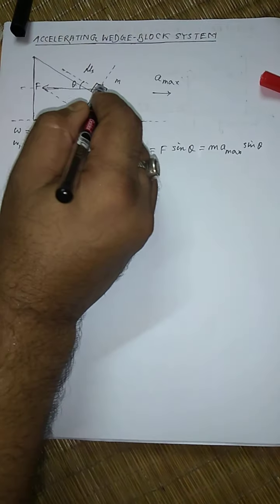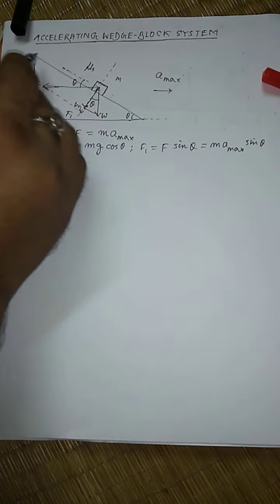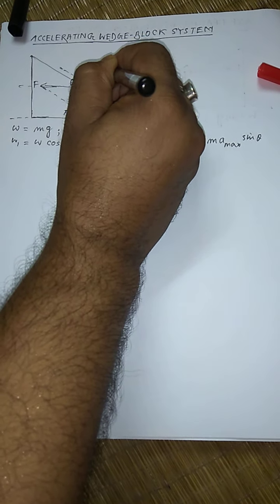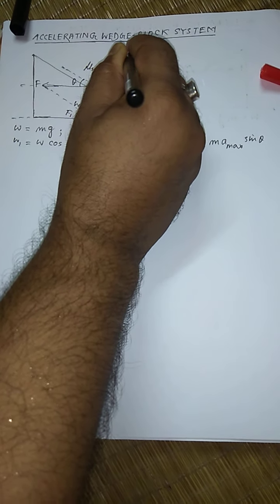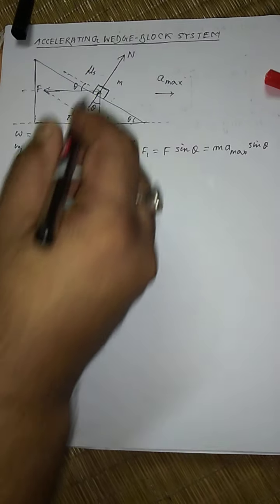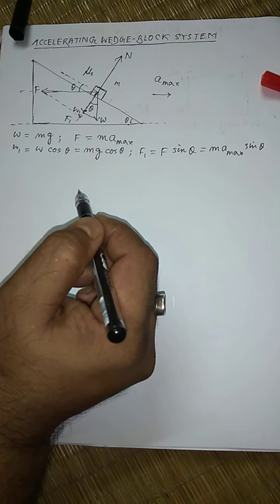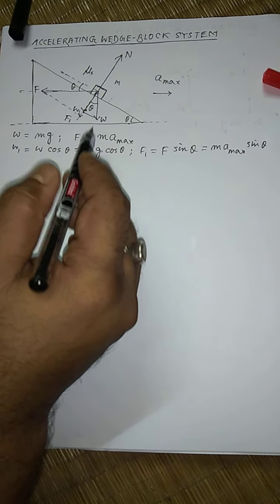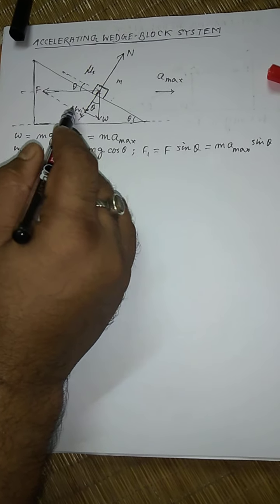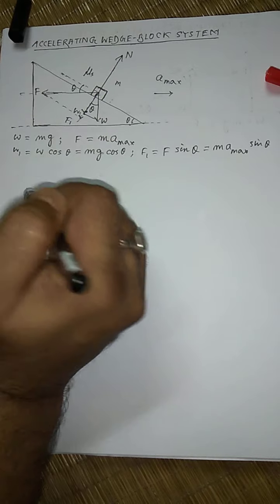The normal force exerted on the block by the inclined surface is denoted as N, and this normal force balances these two components of the forces.